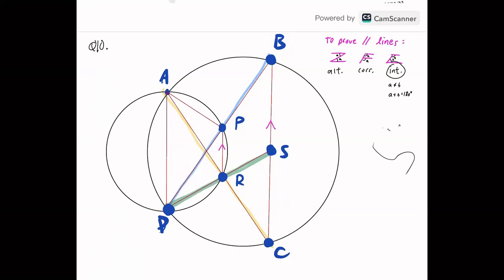Okay, let me just confirm first before I talk. You'll be surprised by how short the proof is.